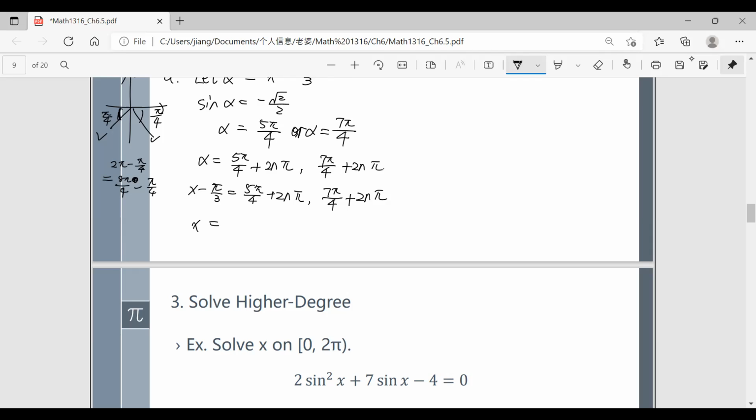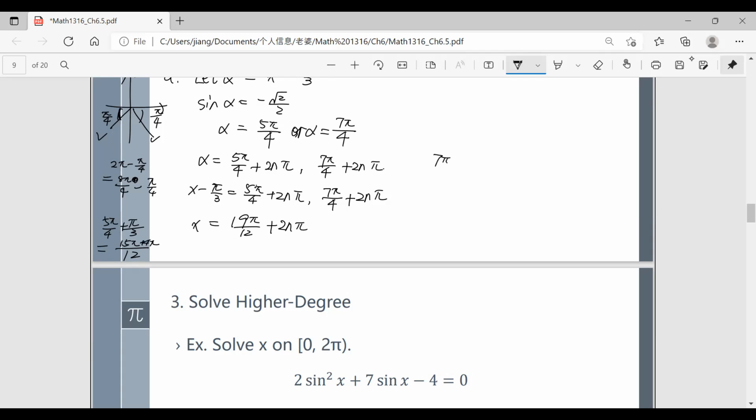X equals 5 pi over 4 plus pi over 3. They need the same denominator, 12. And then 5 times 3, 15 pi plus 4 pi, that's 19 pi over 12 plus 2n pi. And how about this term? Plus pi over 3.